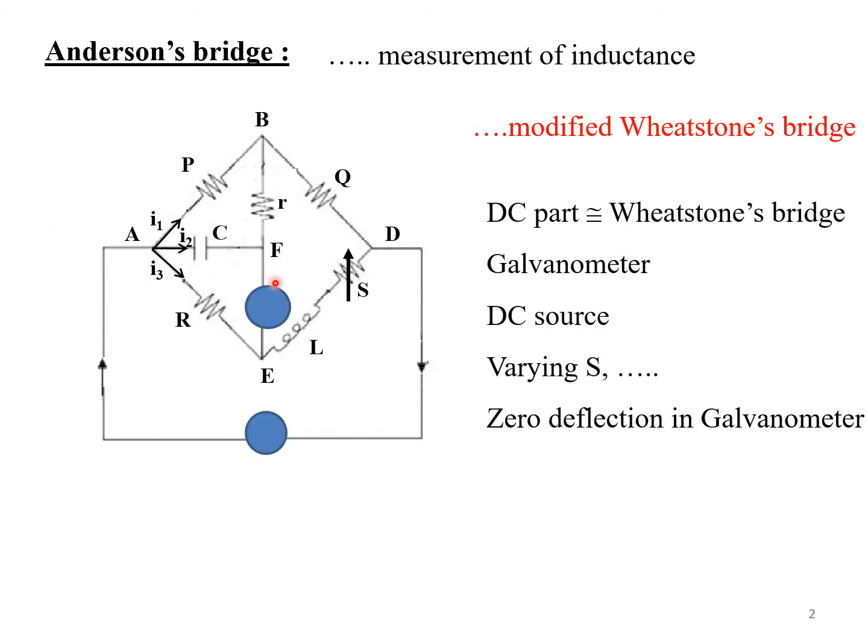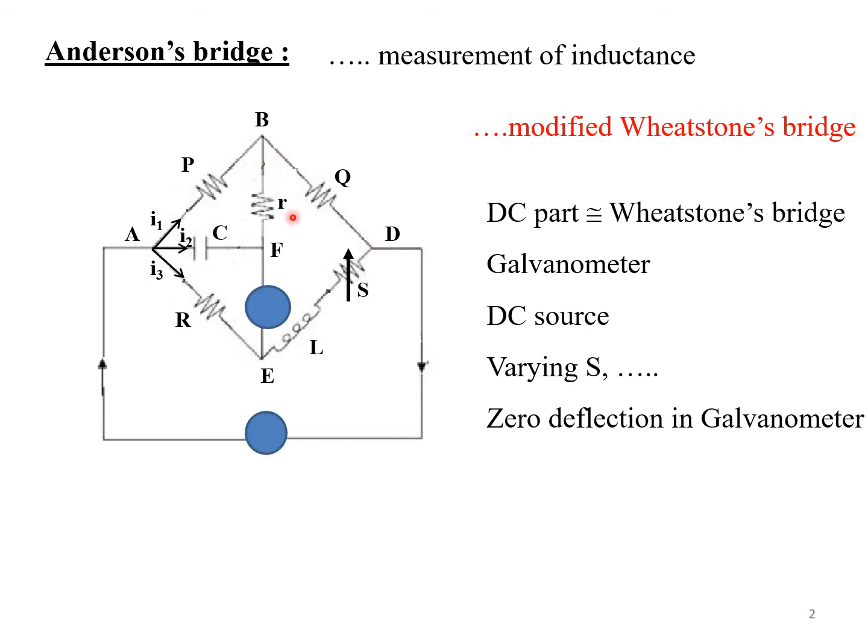In general, the Anderson's bridge is said to be having 2 different parts. First, if we are making use of the capacitor and the resistor here, along with this particular inductance, as I said, that constitutes the Anderson's bridge.